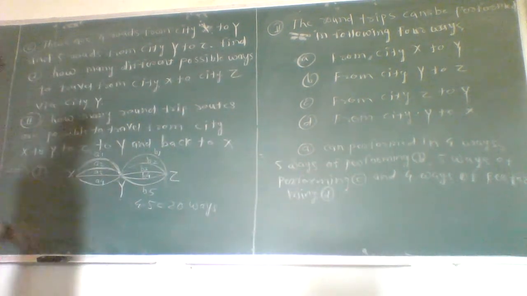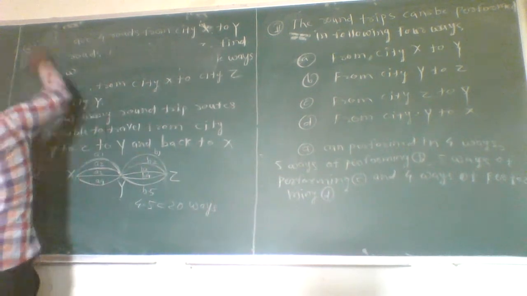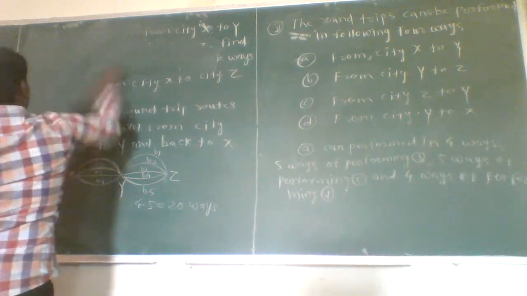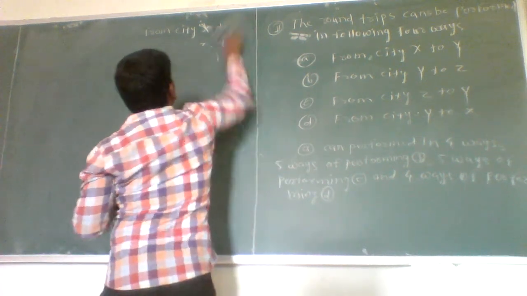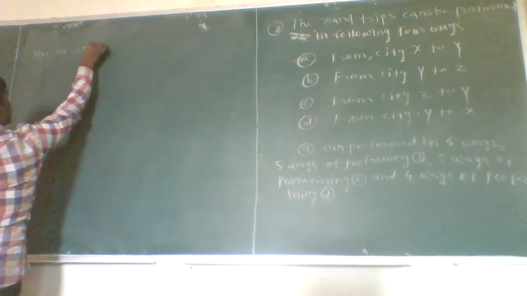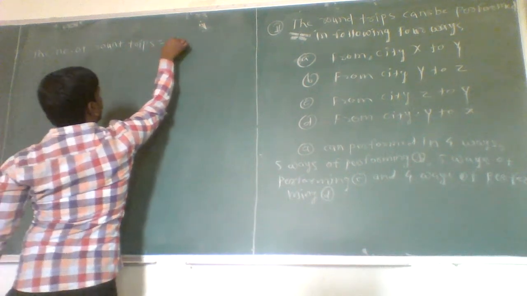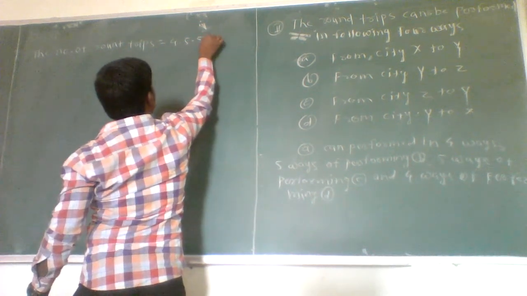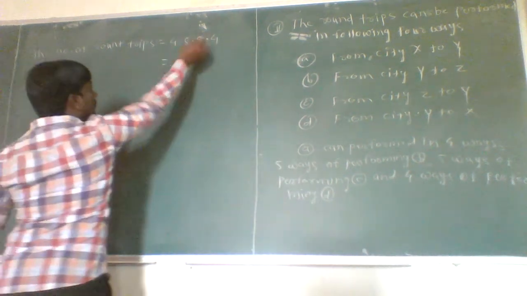Then the number of different round trips is equal to 4 into 5 into 5 into 4, and 4 into 5, 20 into 5, 100 into 4, 400.